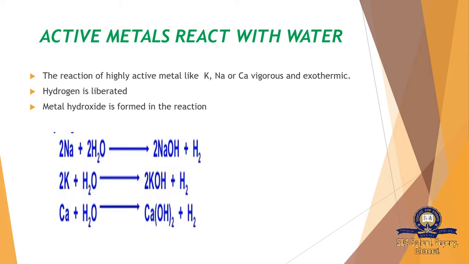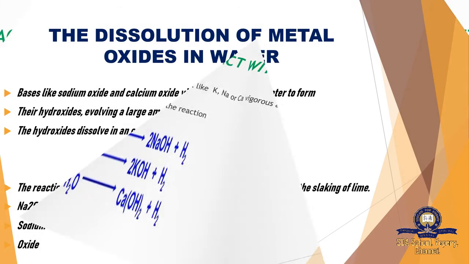So all the active metals, while reacting with water, form the corresponding metal hydroxides, that is sodium hydroxide, potassium hydroxide and calcium hydroxide, and then hydrogen gas comes out from this reaction. It is also an example of an exothermic reaction.